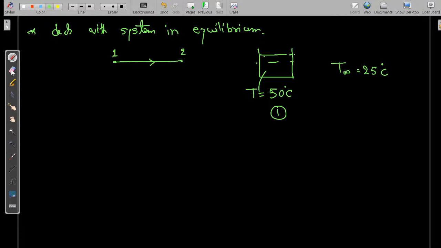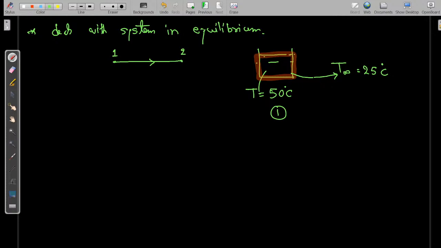If I am considering this coffee as my system, then initially when throughout the system the temperature was 50 degrees Celsius, it was my initial equilibrium state. And when you leave this coffee in the atmosphere freely, my system will attain a temperature equal to 25 degrees Celsius.